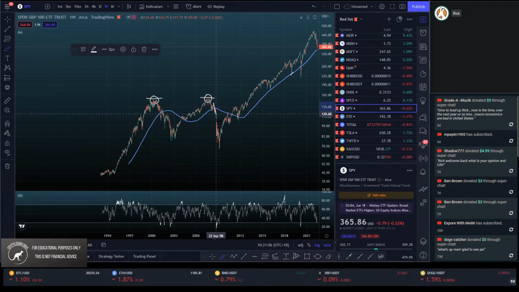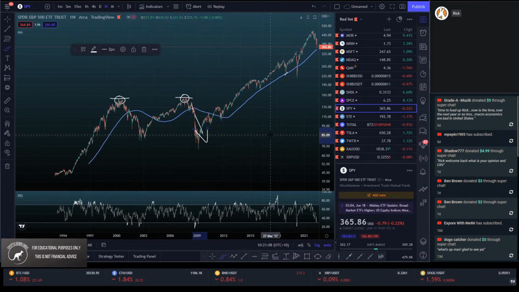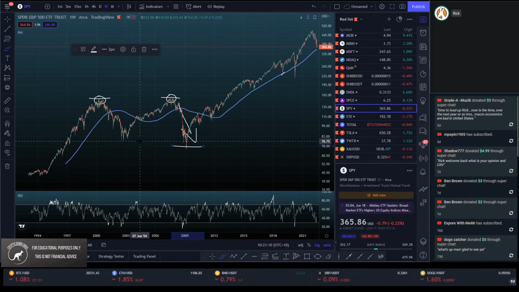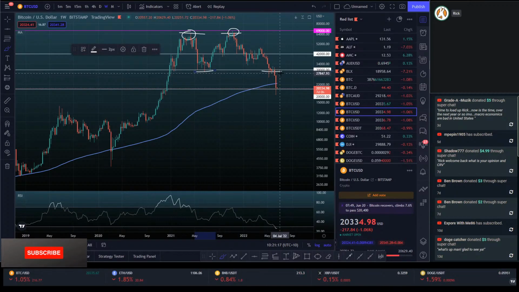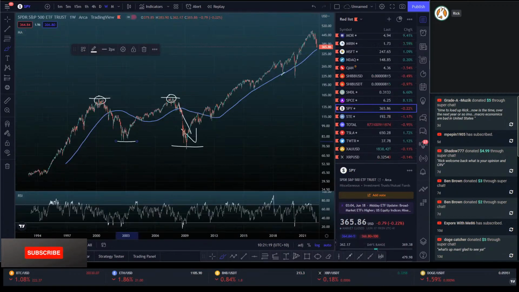So, correction, finding support. We were trying to establish support at 30, but we've lost it. It's actually gone down to the next tier. There was support at around 80 points on the S&P.